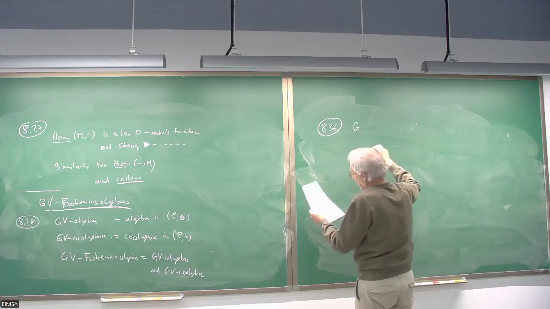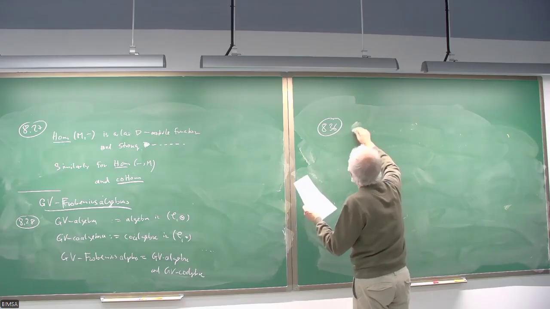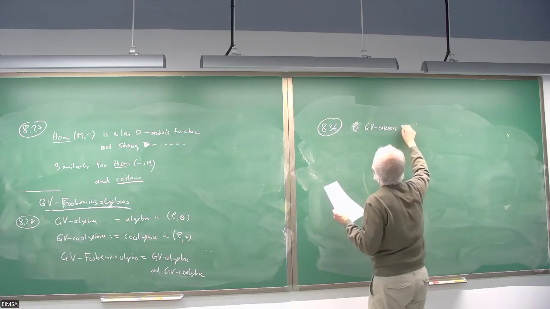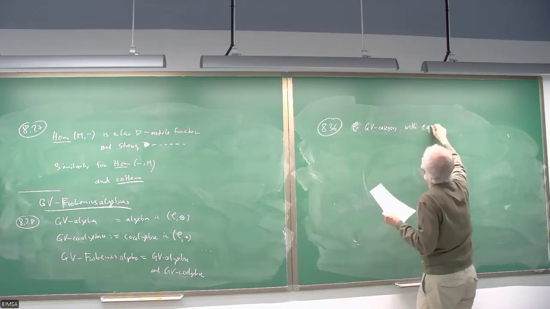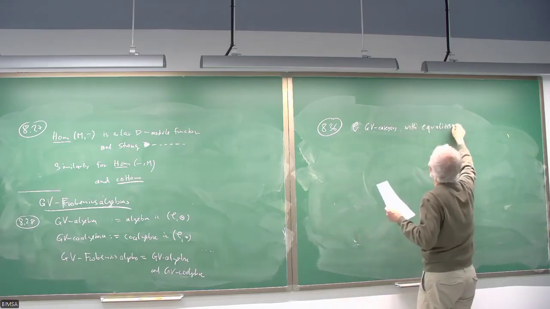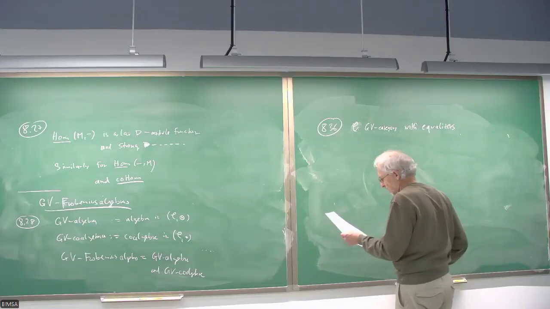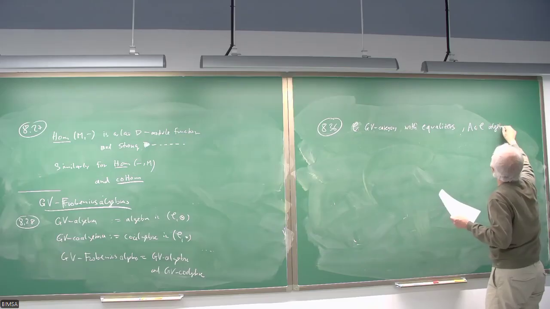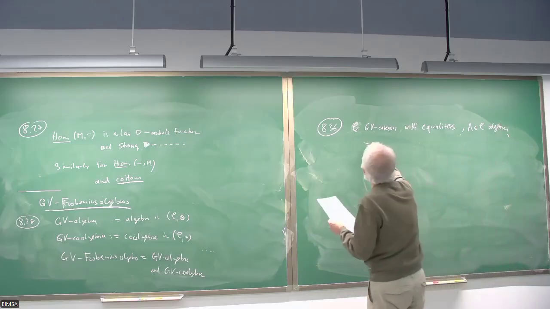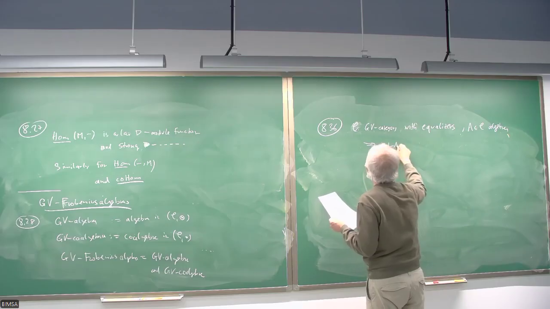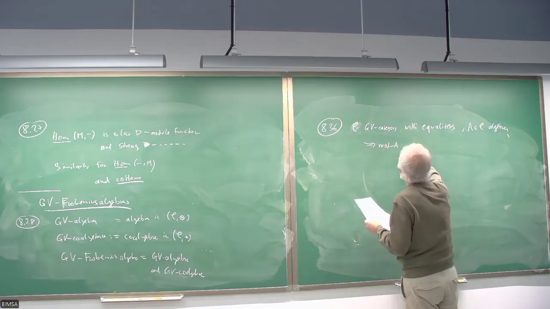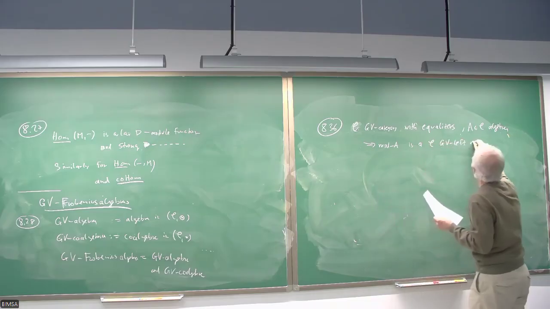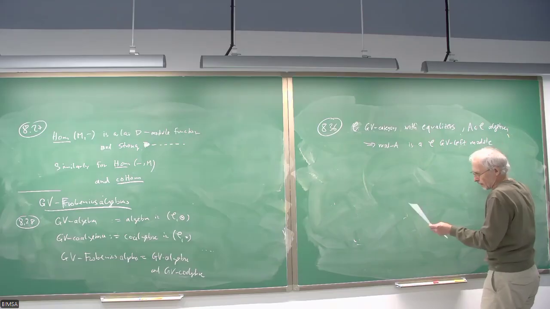Well, I will say a little bit. If C is a GV category with equalizers, actually not all equalizers must exist, but it is natural to require that, and A in C is an algebra, then the category of right A-modules is naturally a C-GV left module category.